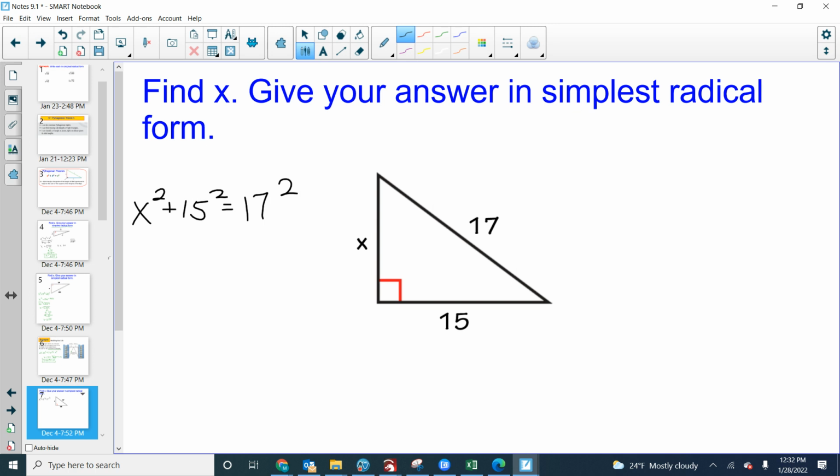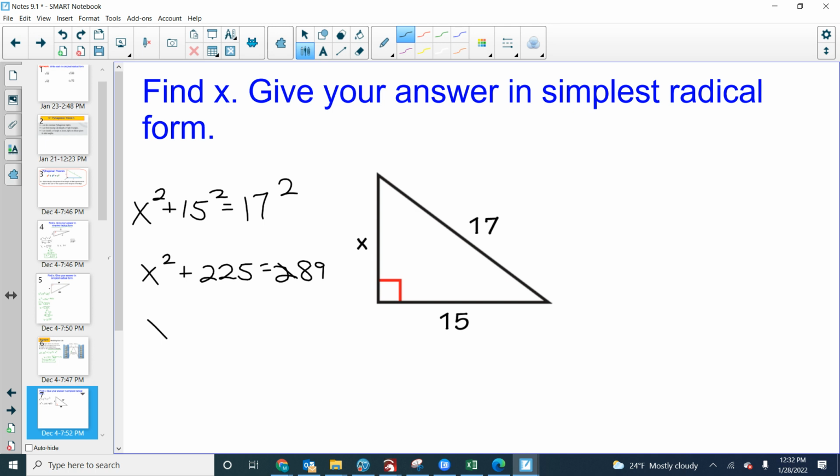All right, two options. One, you can solve it the old-fashioned way. X squared plus 225 equals 289. Option one, type in the numbers and calculate them the old-fashioned way.